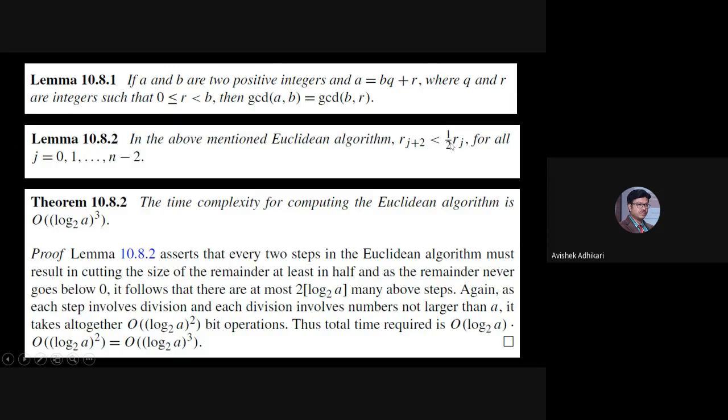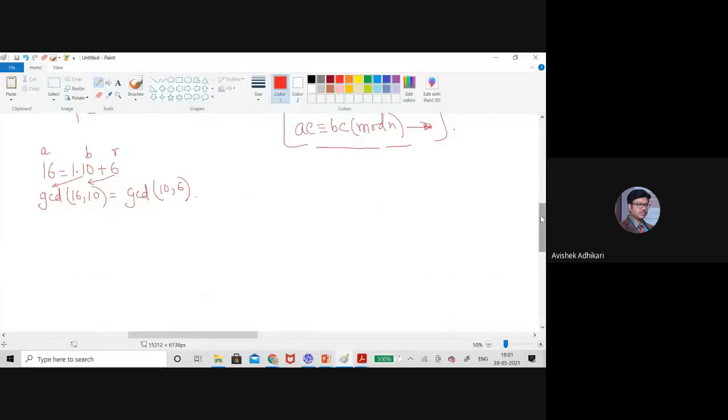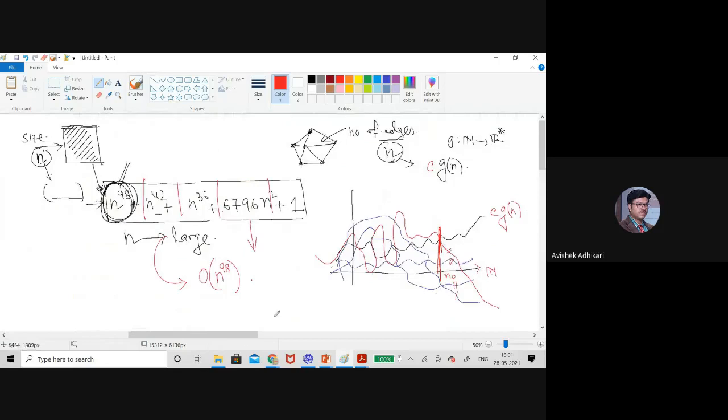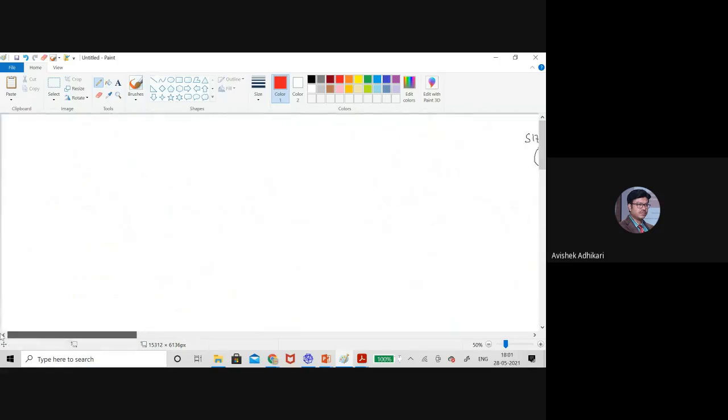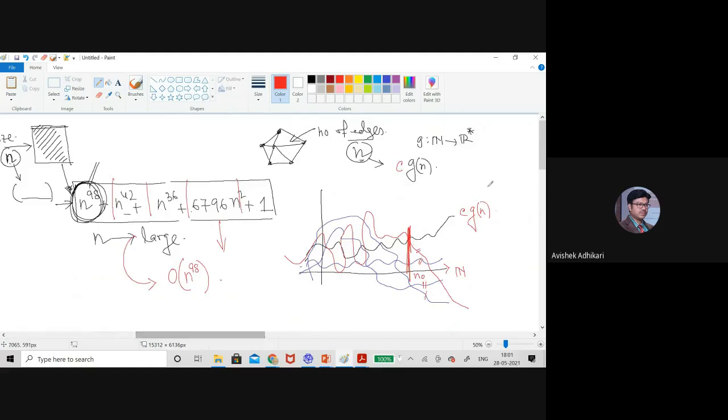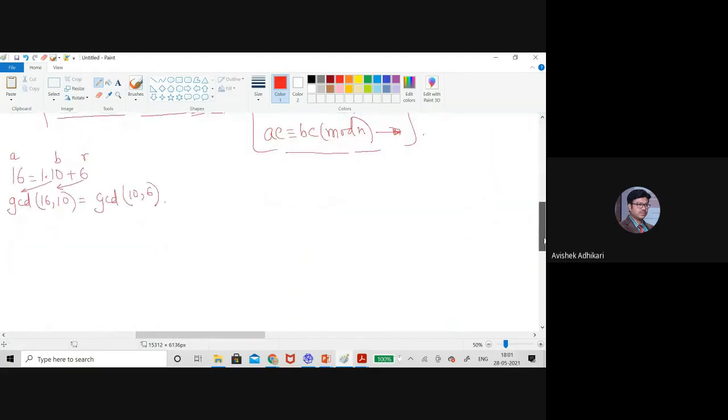If you go back to the notation where I calculated the value of 16 and all, say 16 equals 1 into 10 plus 6, then 10 equals 1 into 6 plus 4, then 6 equals 1 into 4 plus 2, and then 4 equals 2 into 2 plus 0.